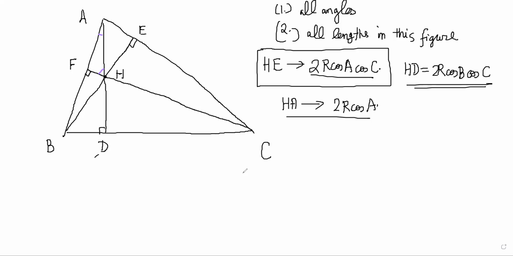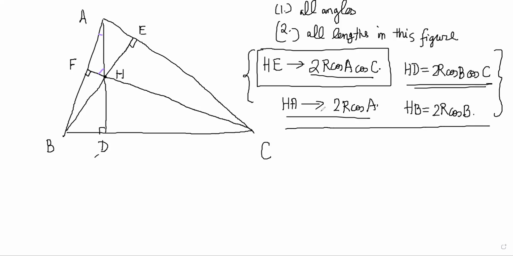Yes, sir. So that will be 2r cos A. HB will be 2r cos B. HC will be 2r cos C, right? These results have been derived, right? Yeah. We've done this.